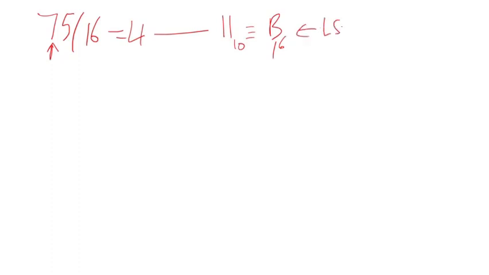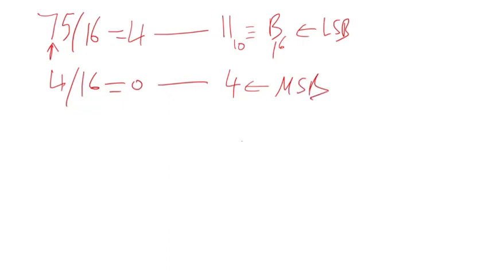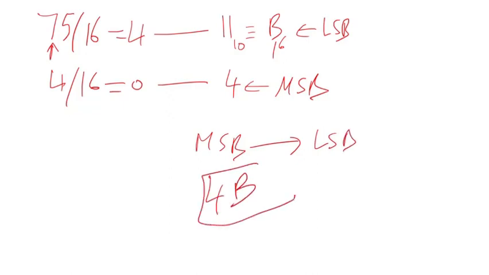This is the least significant bit. So then 4 divided by 16 is 0, and the remainder is 4. So this is the most significant bit. So you write from most significant bit to least significant bit: 4B. So I got the same answer.